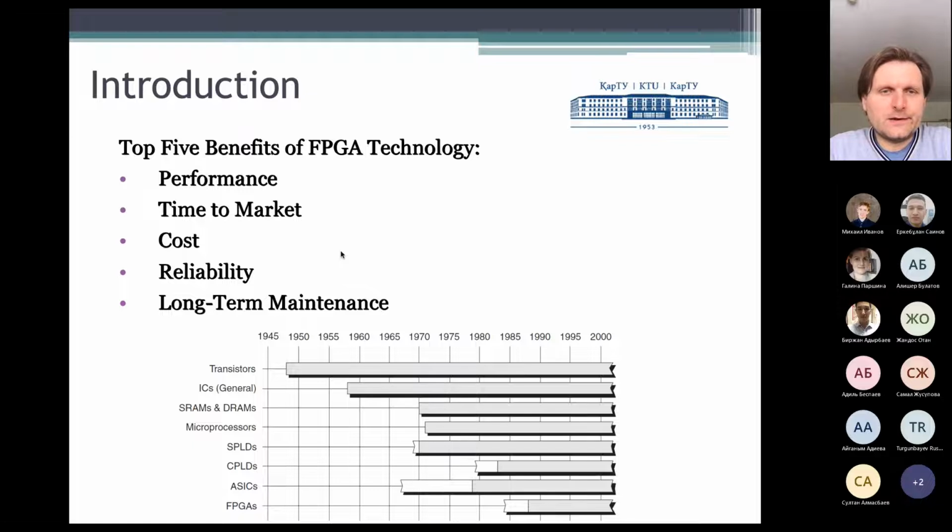About the 80s, the market opened for new technologies, especially for computation technologies, where a microprocessor was connected with programmable logic devices. In that time they started to connect that technology with microprocessors, and programmable logic devices were used to solve some problems for which microprocessors and microcontrollers had small power.